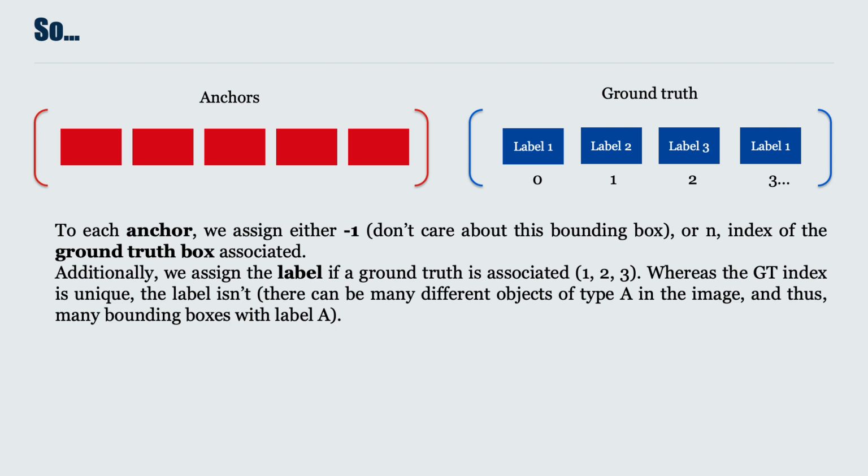And in addition to assigning which ground truth box we consider, we also need to associate the classification label to which it will be associated. And as we discussed before, you may have multiple objects of the same class in an image. So the ground truth box index will be unique, but the label isn't.